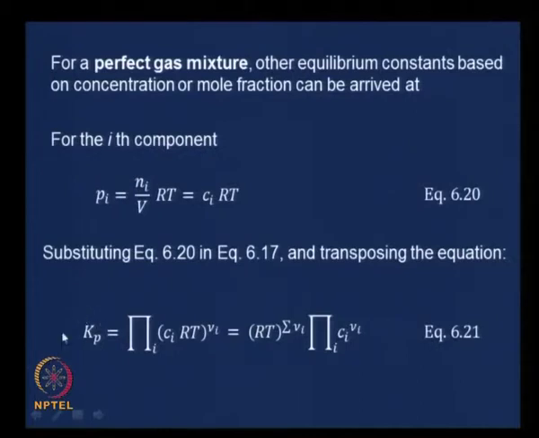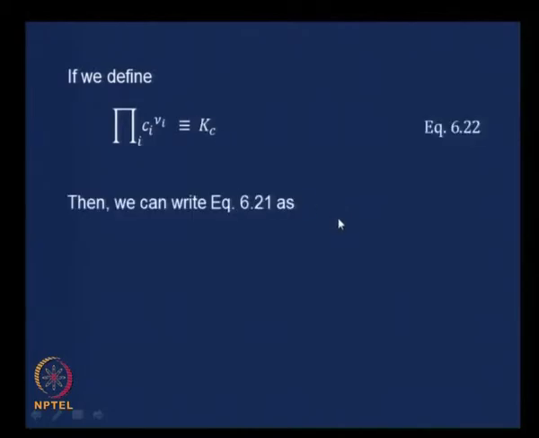This is the definition of Kp, and if we call the product over I of Ci to the power nu I as Kc, then it is easy to see that Kc is nothing but Kp into RT raised to the power of minus the sum over all the stoichiometric constants nu I. Let us call this equation 623.